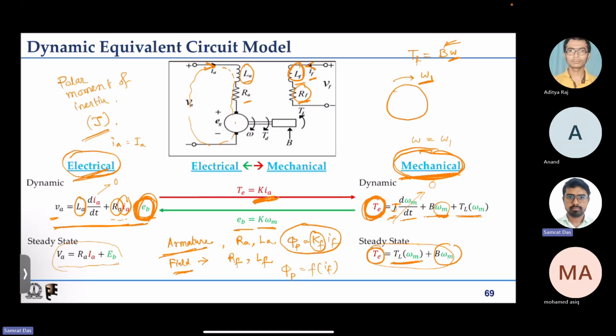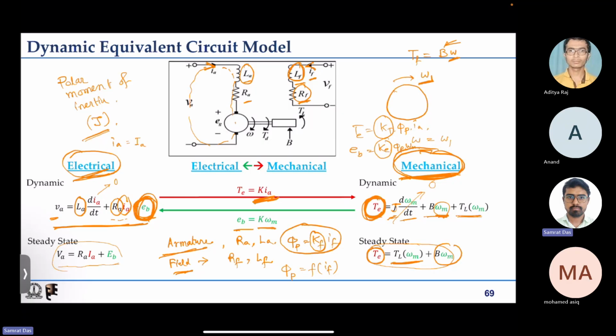Now next, if we know the current of the armature circuit, and if we know the flux per pole, then the electromagnetic torque is kt into flux per pole into Ia. So kt is an important parameter here. And similarly the induced EMF Eb, or back EMF, is Ke into flux per pole into mechanical speed.